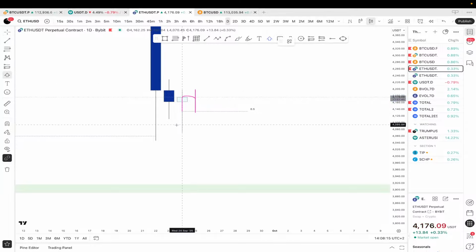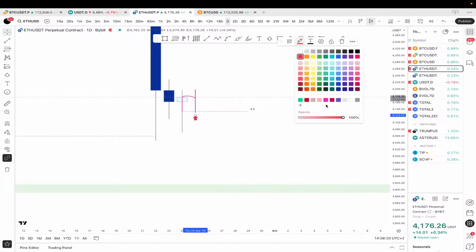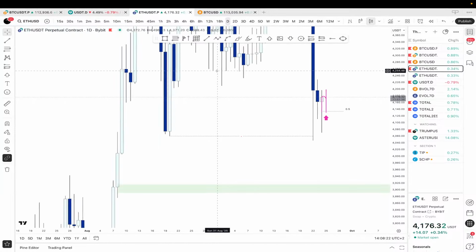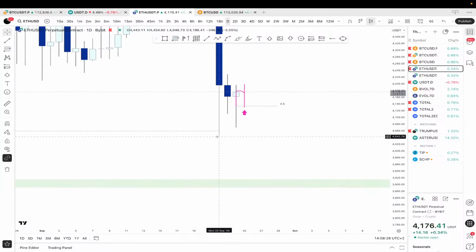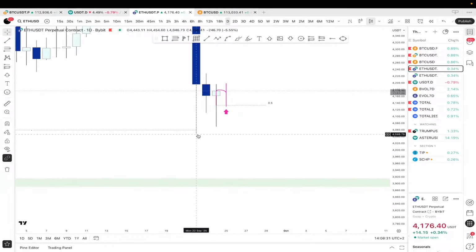Then I will be long here. Why? Because you already took liquidity here. So yes, we have a range going on right here, but there's not the best reason ever to go again for this range low.